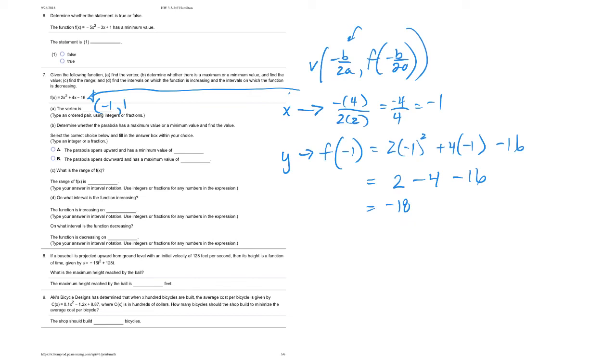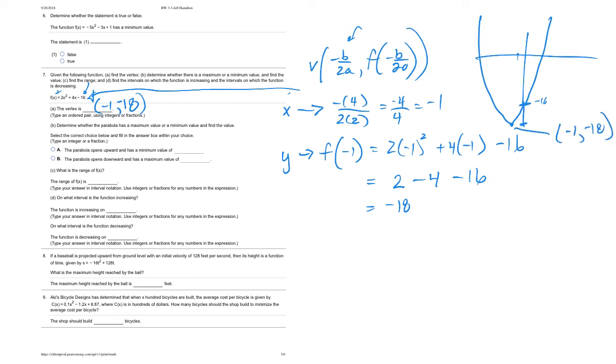So that's the y-coordinate, minus 18, of the vertex. If I wanted to graph it at negative 1 and negative 18 way down here, that's where the vertex would be. Since a is positive, it would go up like that. Oh, and that y-intercept right there is that number right there, minus 16. But that vertex is negative 1, negative 18.